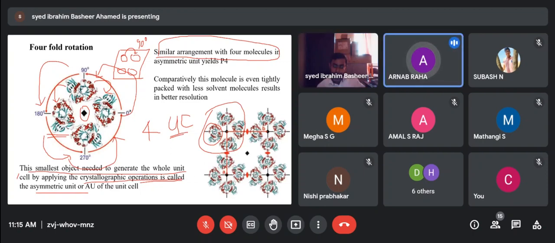So in the picture, is it showing 4 unit cells or 1 unit cell?